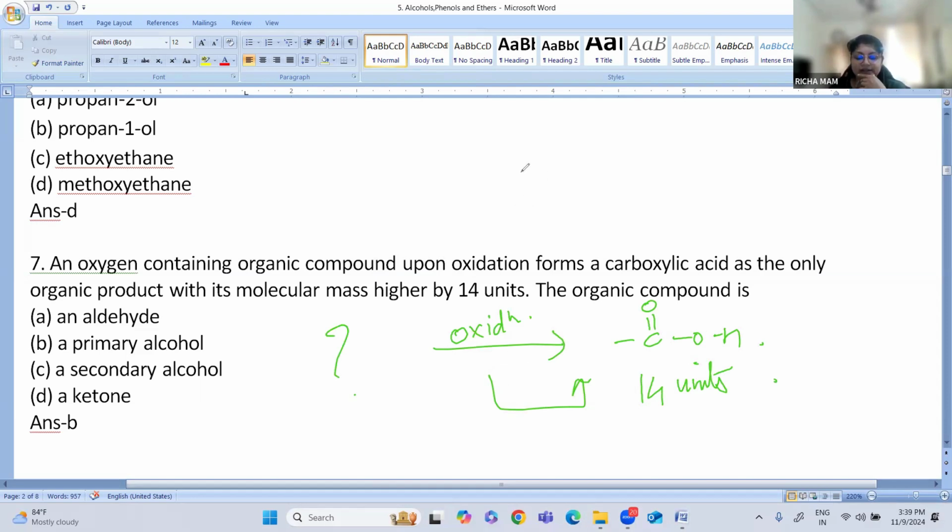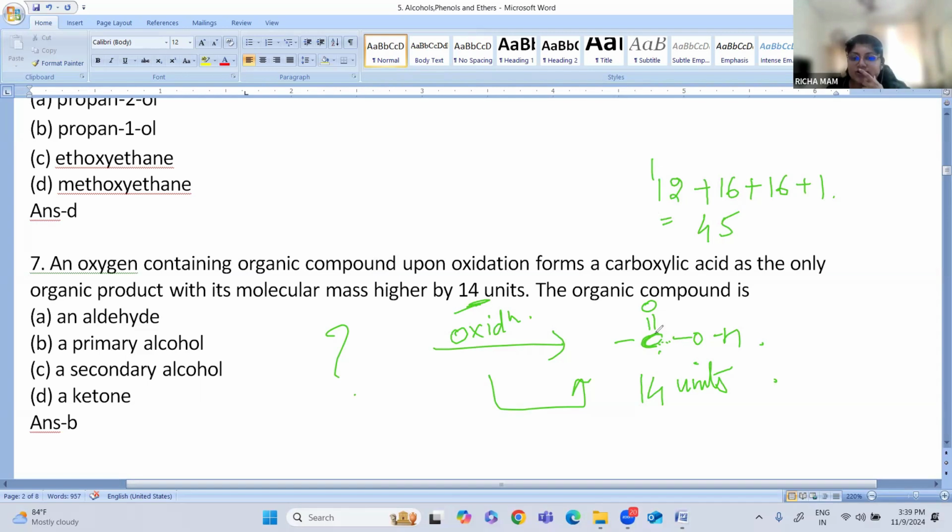So the difference between the previous and this is 14 units. Calculate the mass of this: carbon is 12 plus oxygen 16 plus 16 plus 1, so 45. Here the difference is only 14 units, and it is undergoing oxidation.